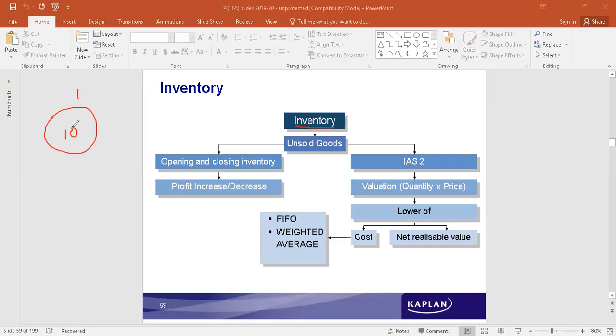They would not wait until all the units in this lot are consumed before they go in for buying another lot. So even before this is consumed, they go in for buying another lot of material. This is the second lot, because it has to be kept available all the time.